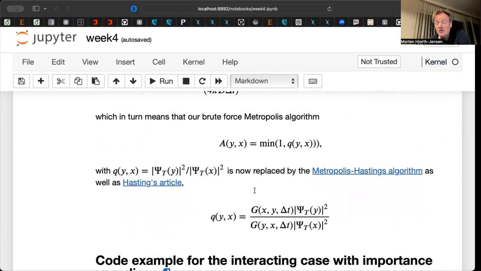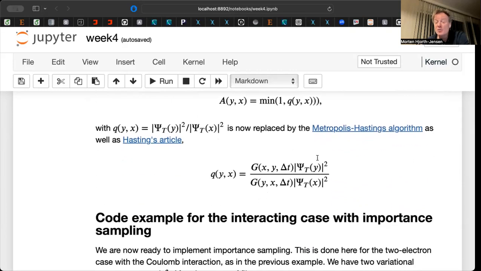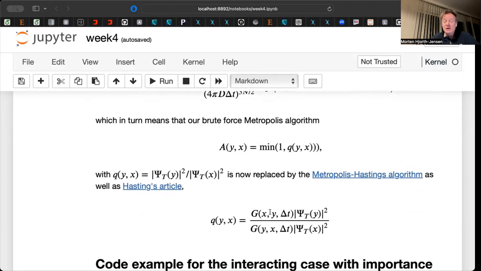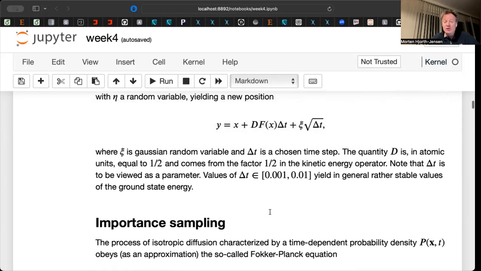And today, I will try to give you an overarching view on why we can interpret this Green's function, which is the solution to the diffusion equation with this force F, as a probability distribution. So what is going to come now is more of a mathematical derivation of this Green's function by solving the diffusion equation.